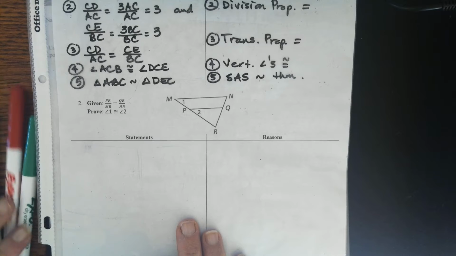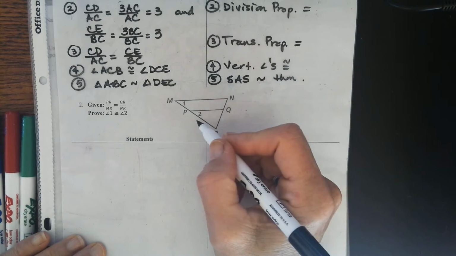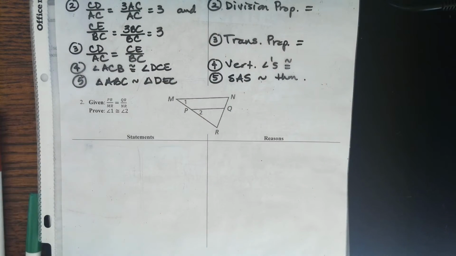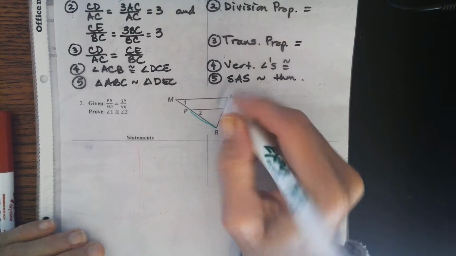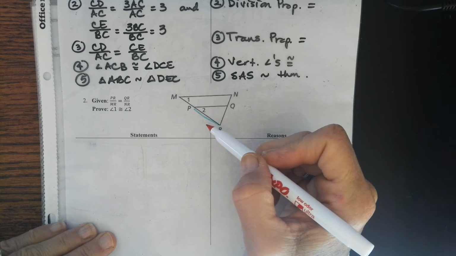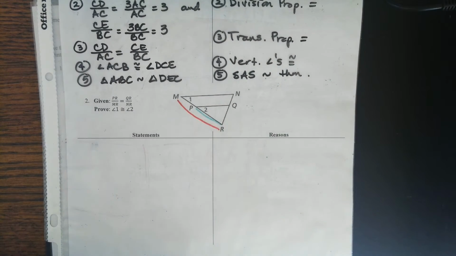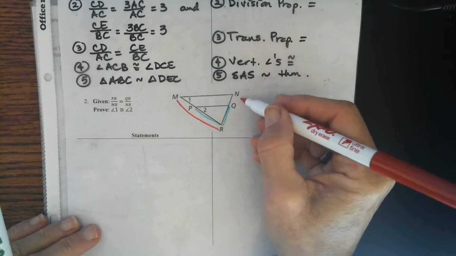Again, I'm hoping the color coding helps. So now I've got PR, I'll try to color code these. So PR over MR is equal to QR over NR.